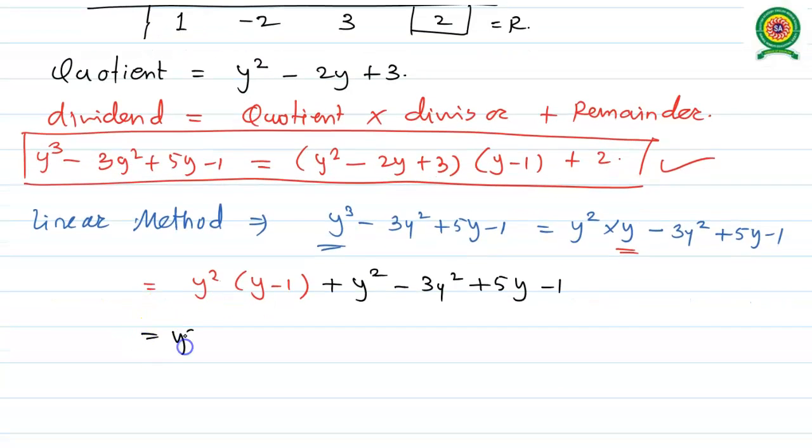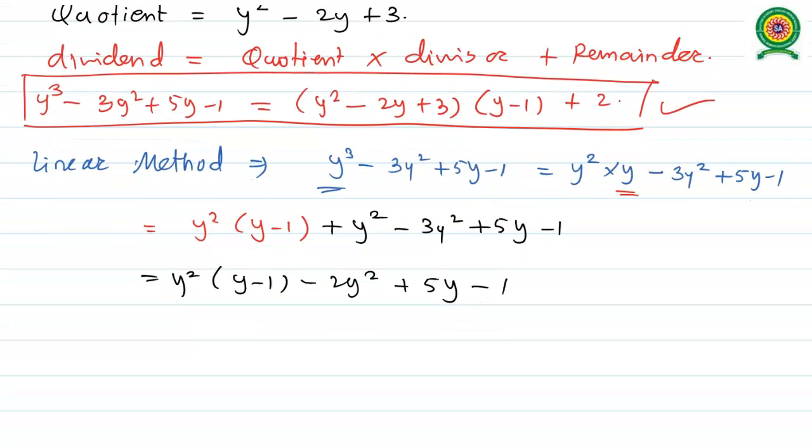Now look ahead, we have y square into y minus 1. Y square minus 3y square gives minus 2y square plus 5y and minus 1 as it is. Now we have y square into y minus 1 minus 2 times y square, which we can write as y into y, plus 5y minus 1 as it is.